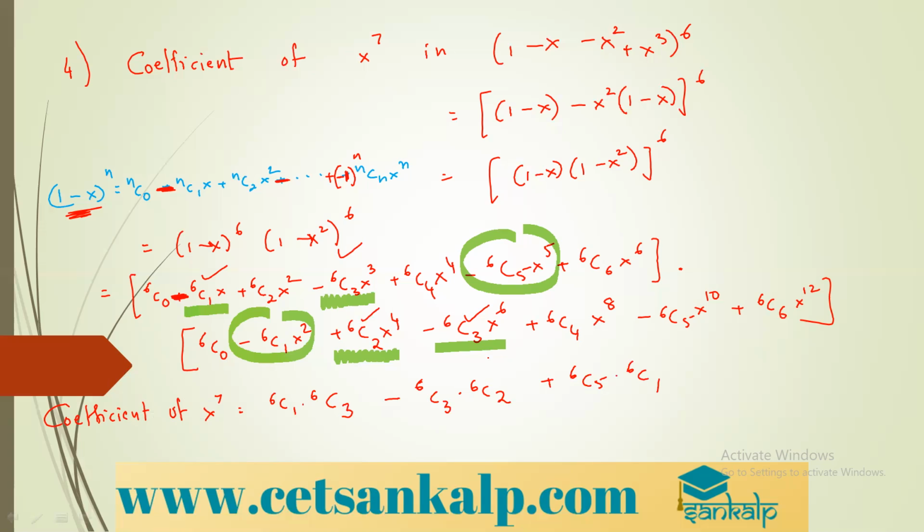But I have to simplify this further. 6C1 I will write 6. 6C3 is 6 into 5 into 4 by 6. Again 6C3, 6 into 5 into 4 by 6. 6C2 is 6 into 5 by 2. 6C5 is the same as 6C1, which is 6 into 6.